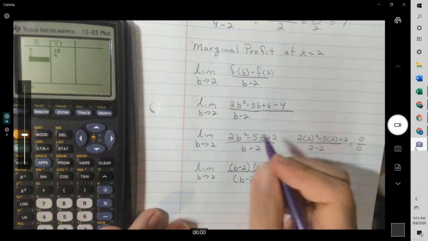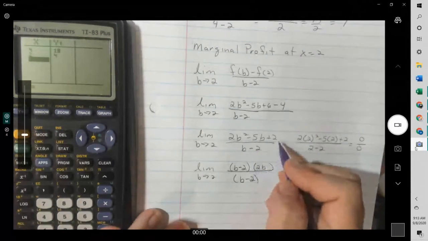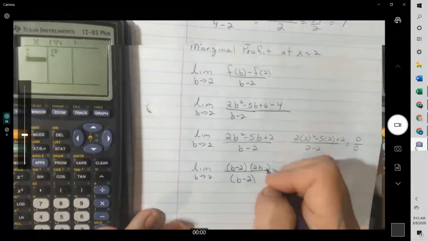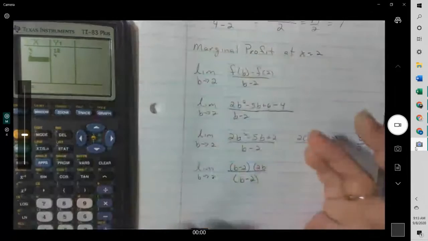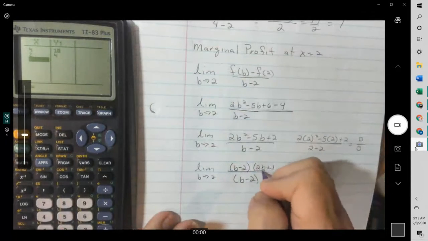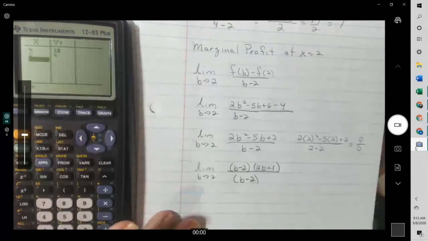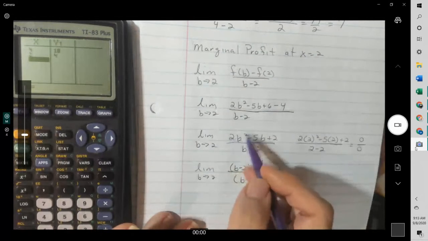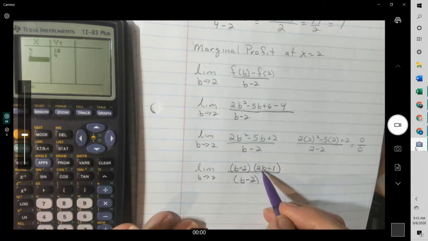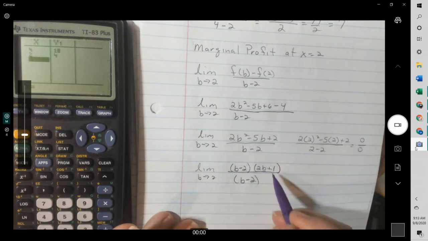I'll add 2b. A negative 2 times what will give me a positive 2? Positive 1. So you can use that to figure out your factoring. 2b times b is 2b squared.